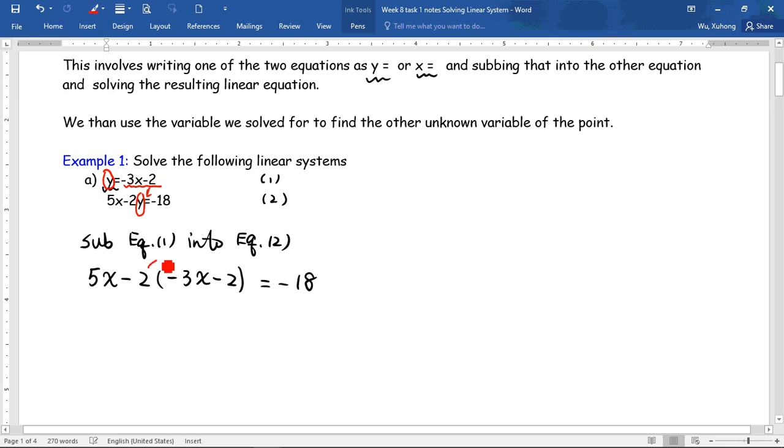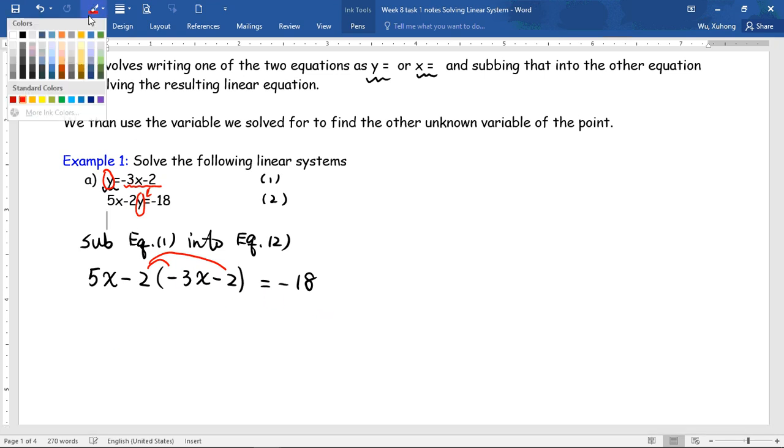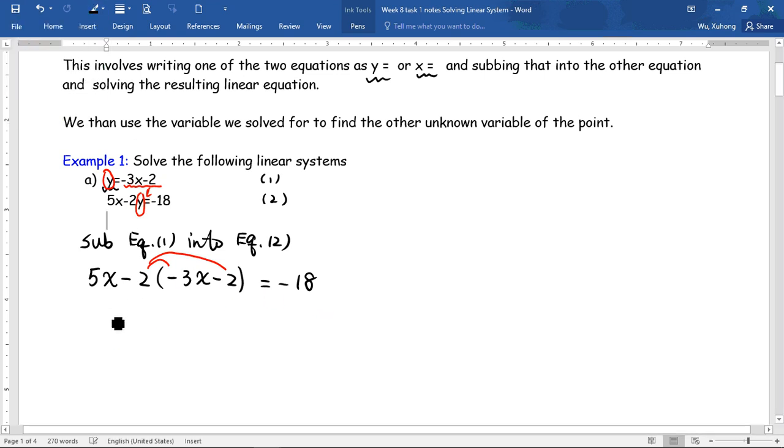We have more than one x here, so we are not able to use isolation right now. We need to expand the bracket, then collect the like terms. Then we can put x on one side and the numbers on the other side, and isolate x. So x appears more than once, and we need to get rid of the bracket and collect the like terms.